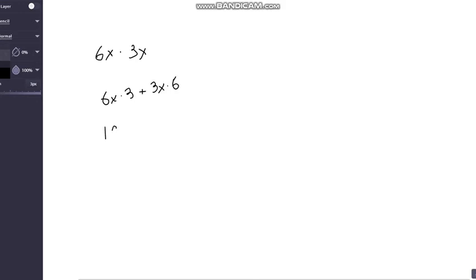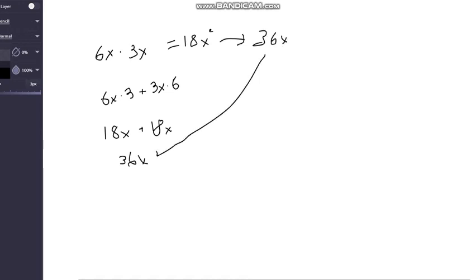And this will be 18x plus 18x and 36x. As you can see, if you were to use the power rule, 18x squared equals 18x squared, you would still get the same answer as this one. They're the same values.